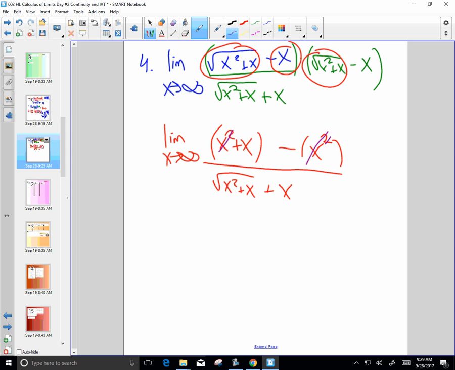These cancel out. And so we're left with the limit as x approaches infinity of x over the square root of x squared plus x plus x.